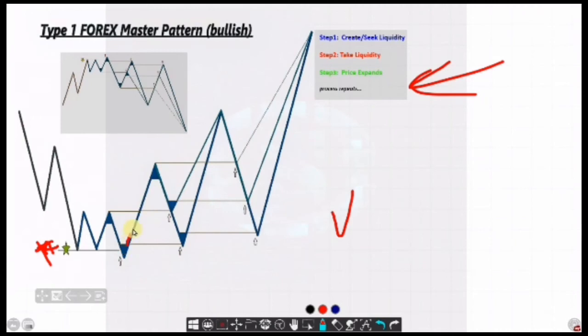Okay, so once you see that playing out in this move right here, then you can say, okay, now they are using the liquidity right there to go long, and so you can now expect the other legs of the pattern to play out. Okay, now that doesn't mean it's going to play out 100%, but you have a very high probability of this playing out, or at least giving you a point of entry.